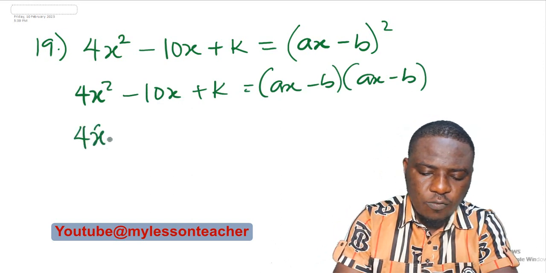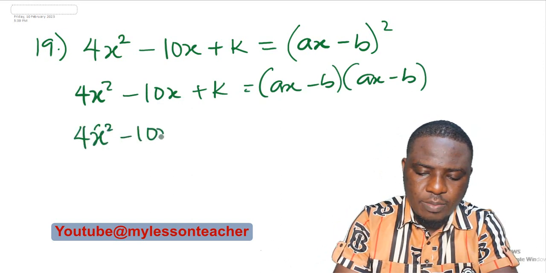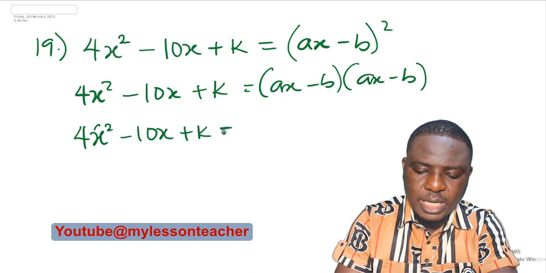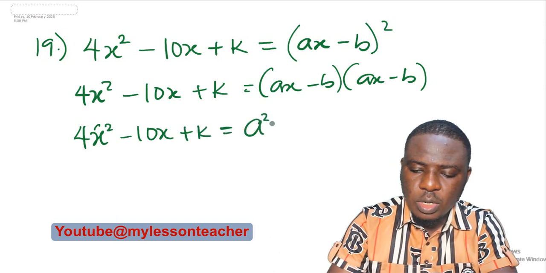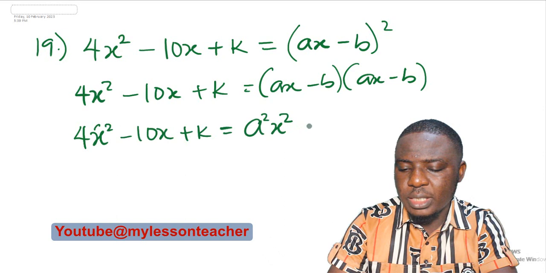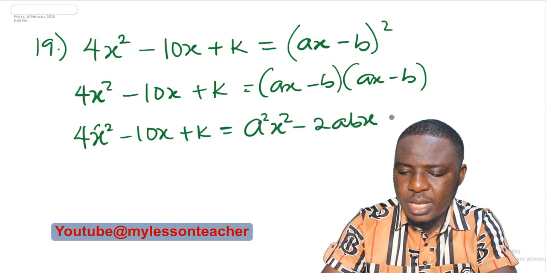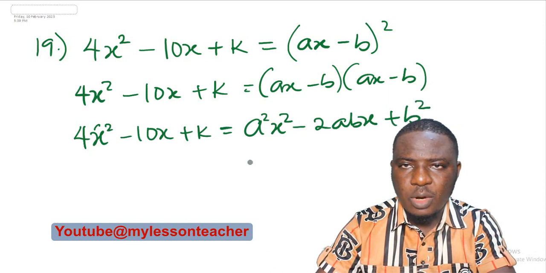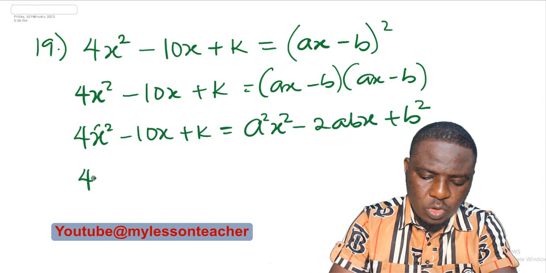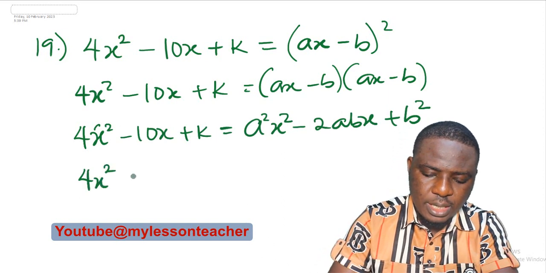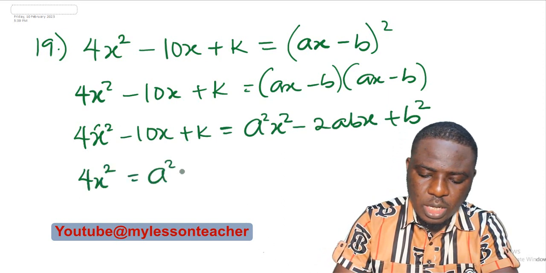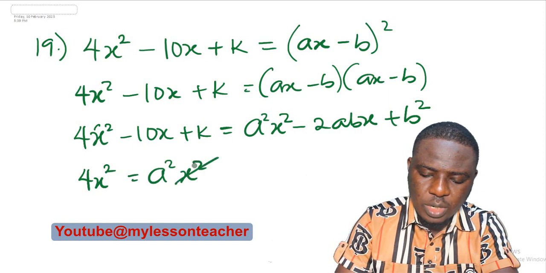This becomes 4x squared minus 10x plus k being equal to a squared x squared minus 2abx plus b squared. And when you compare coefficients, you have 4x squared equal to a squared x squared.